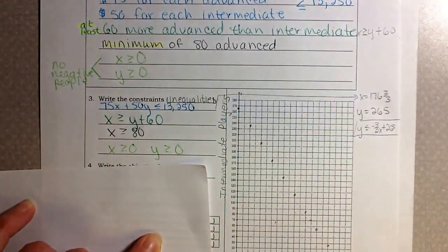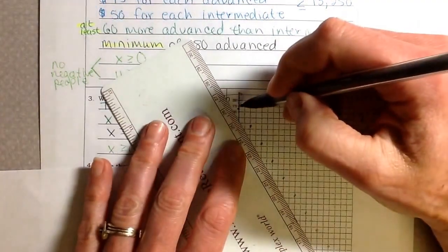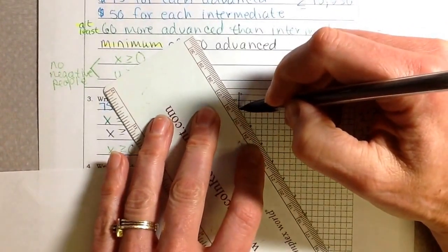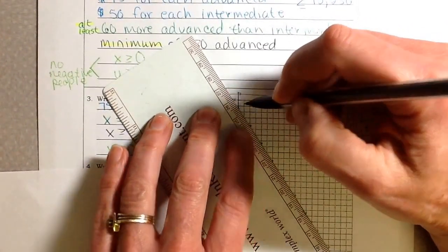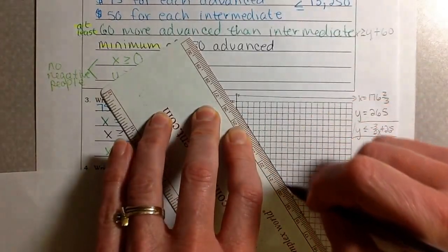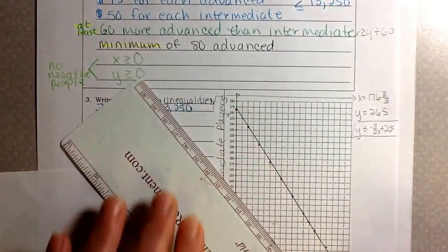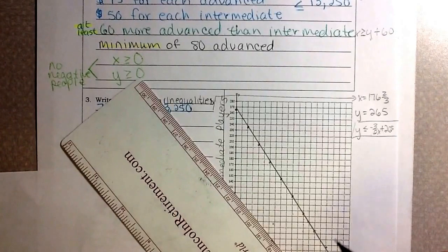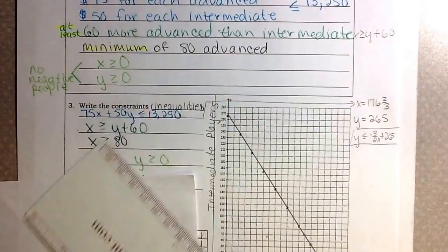Okay, so it looks like when I line this up, I have a much better go for my line, because that 176 2/3 is kind of hard to graph, but when I go down and over, it makes it a little bit easier.